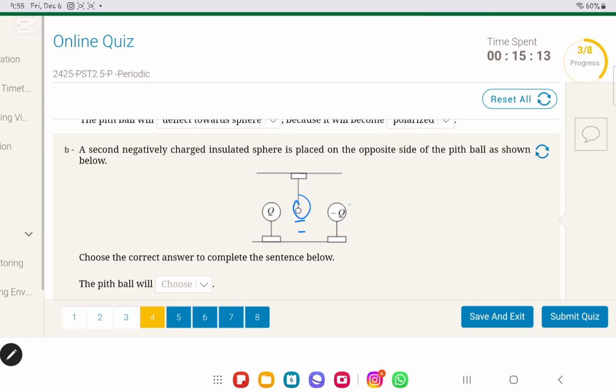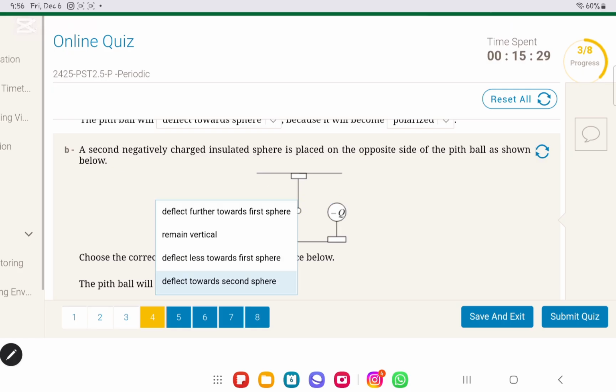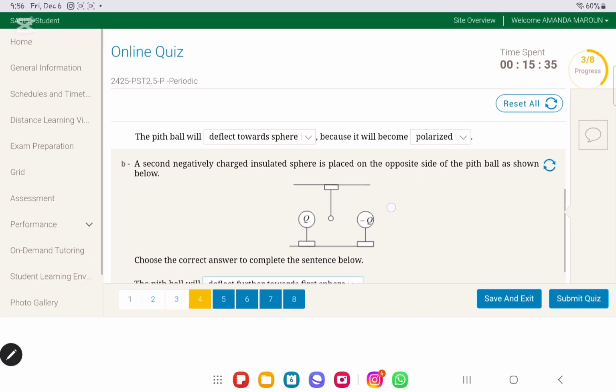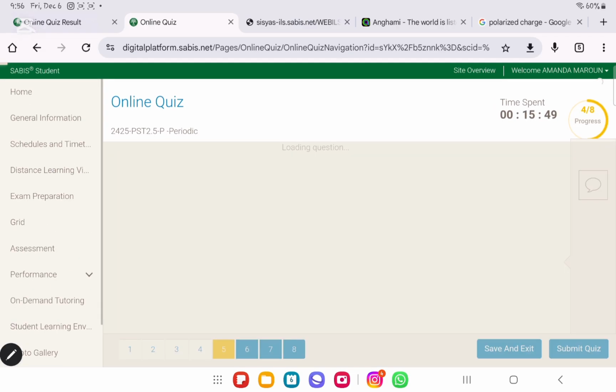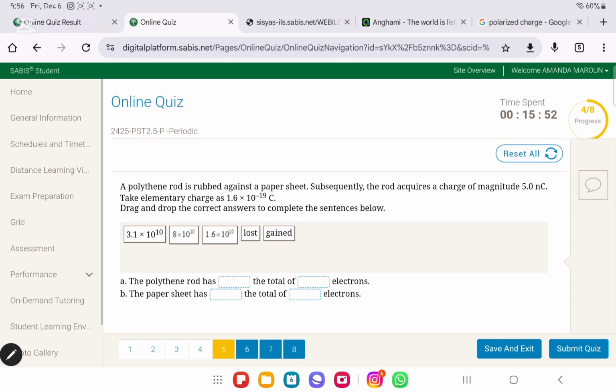So what's gonna happen is that if we bring next to it a negatively charged sphere, it's gonna push it, it's gonna repel it even more, which will push it or deflect it more towards the positively charged sphere, which is the first sphere. So it will deflect further towards the first sphere.